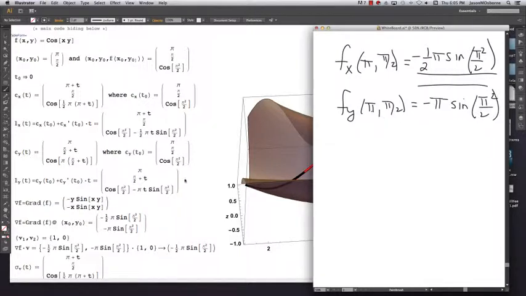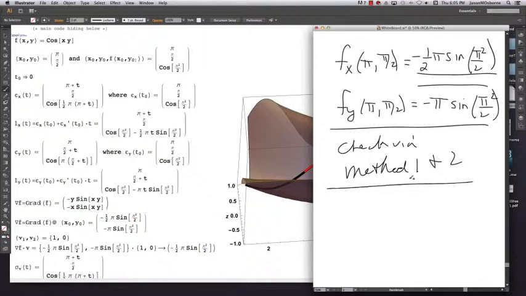That should be your answer. And I'm looking at the number in front of the t on the z entry of the direction vector. So both of these you should check via method 1 and 2. Okay. And we'll do more of these problems in class. Enjoy.